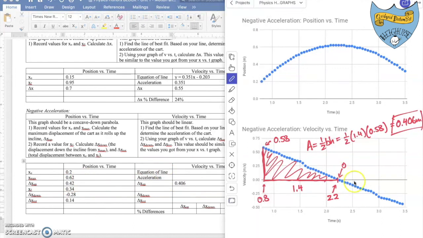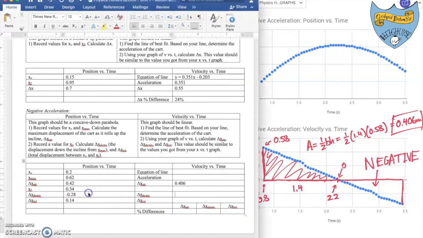All right, now from there you would do the same thing to get delta x down, except you'd be using slightly different data points, right? But same idea. The only quirk here is, remember, this area is negative area. Area below the x-axis is negative area. All right, now that's going to be hopefully something relatively similar to negative 0.28, but the process is exactly the same as what I did here, right?